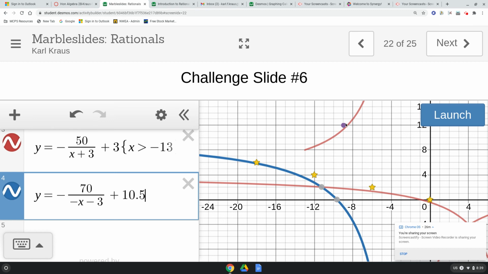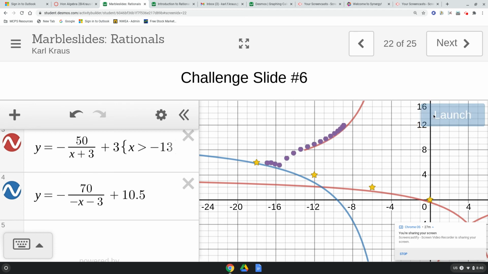So now this marble is going to ramp here. This rational function will catch the marble and slide it down there. I don't know why this is not launching. Here we go.